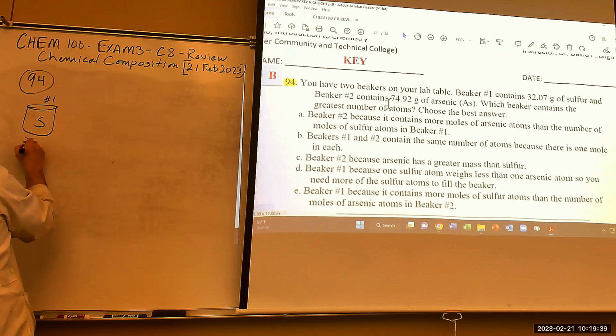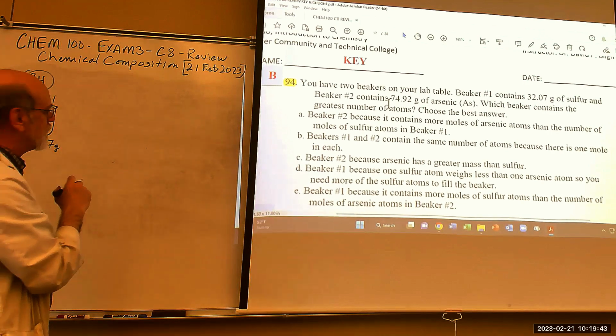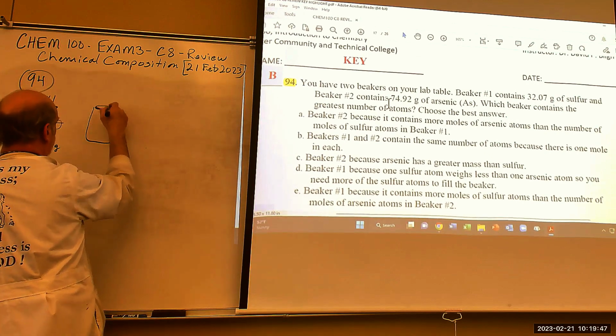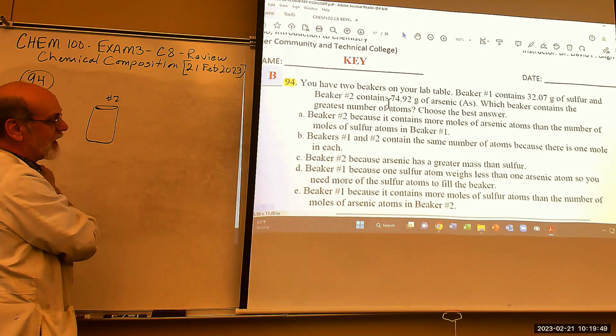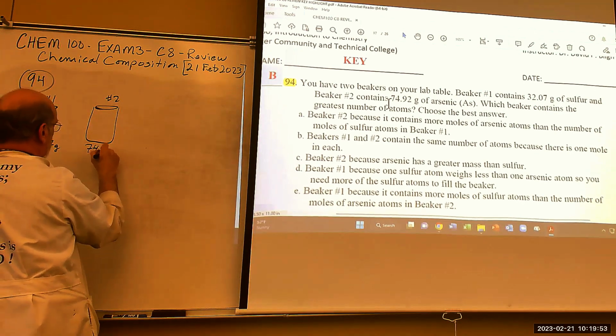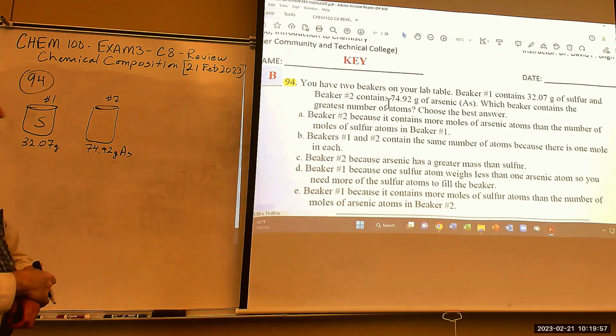Beaker 2 has 74.92 grams of arsenic. Which beaker contains the greater number of atoms?